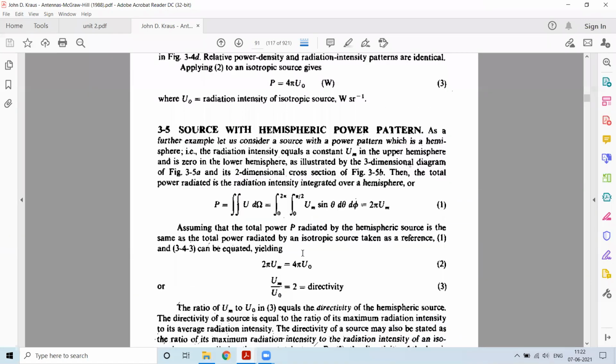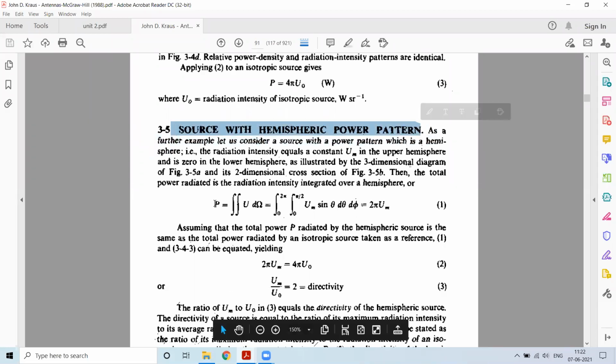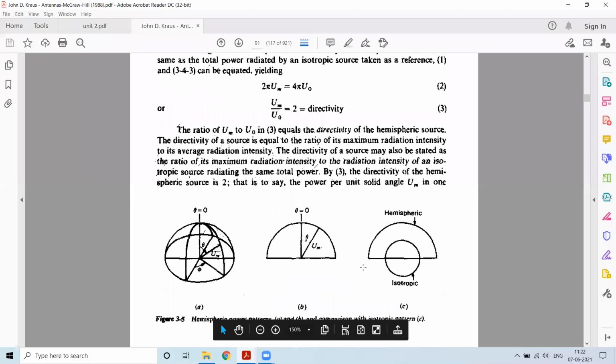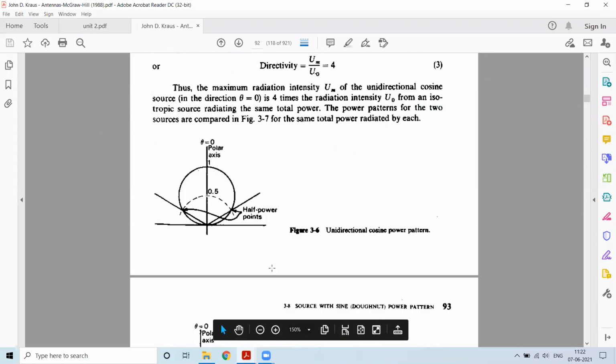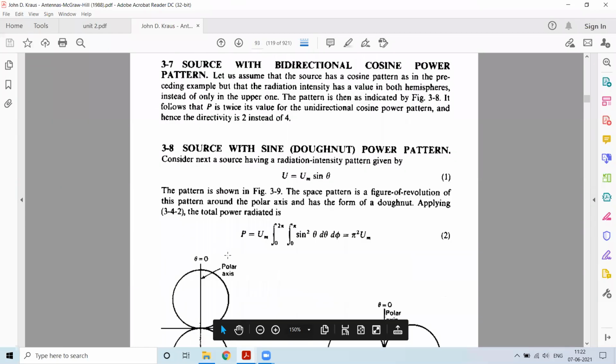These were the aspects we discussed, that is, based on the pattern given for the source, using the total power theorem, we identified the directivity for a given antenna pattern. So that we have discussed in the previous session. These were a few things we have come across.